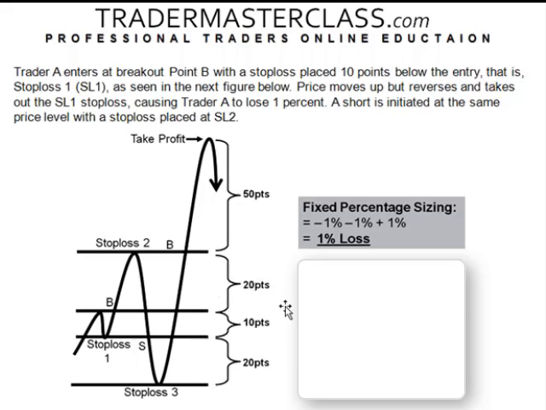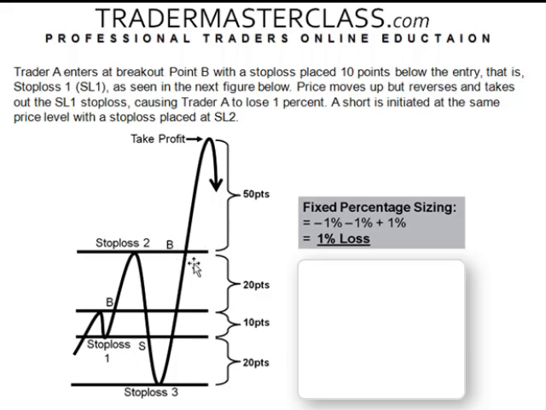So now in this case, 50 points represent a 1% loss. And similarly, 50 points in the right direction represents a 1% gain. So if 50 points represent a 1% loss, the same 50 points in a favorable direction also represents a 1% gain. So what I'm saying is that for every 50-point move on the chart, it equates to a 1% gain or loss.